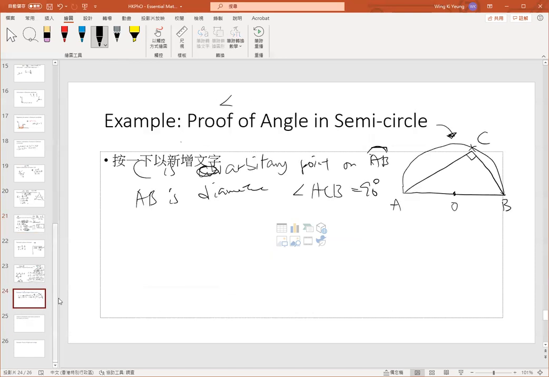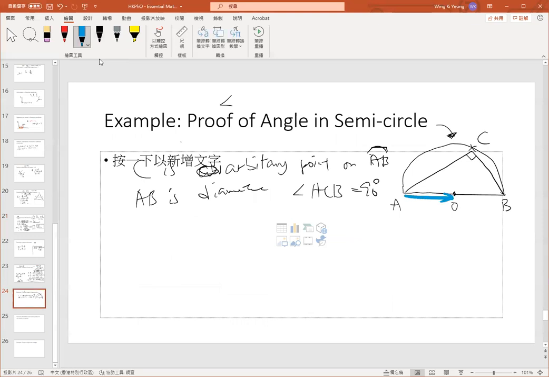So here, I want to prove that this angle is 90 degrees. Of course, we are going to prove it using vectors, which means we are going to do some dot product. In this case, I need to define some vectors first.